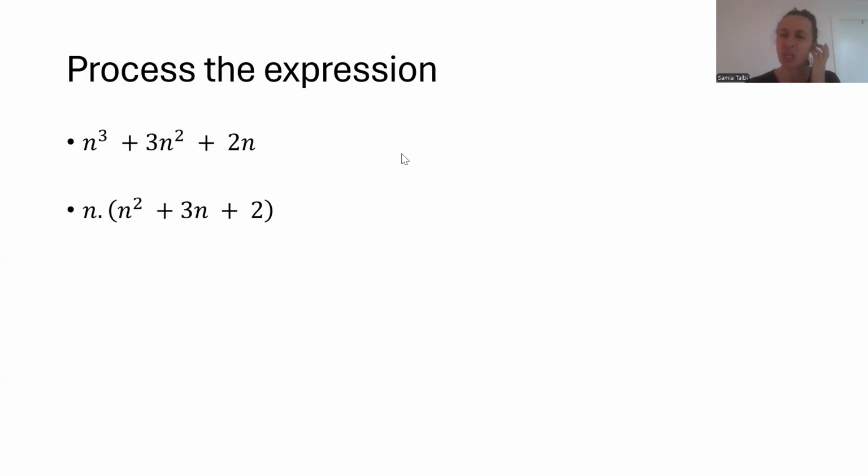Because we've just done the quadratic formula, the quadratic functions and the factorization, we should be able to see that come into play to factorize this polynomial. It's only got n values, so integer values, but still that's a polynomial.